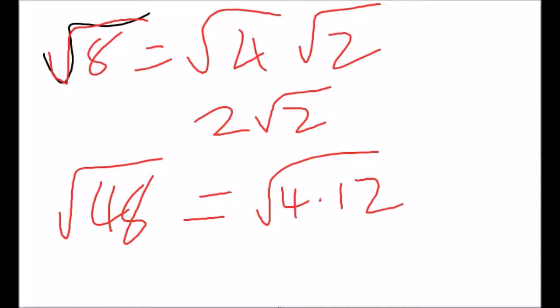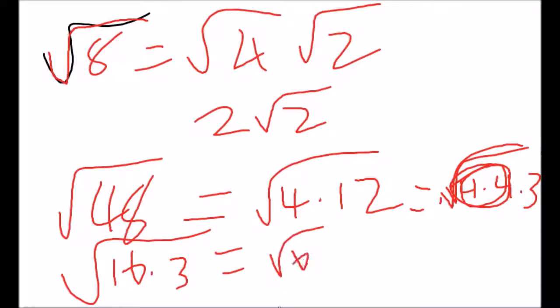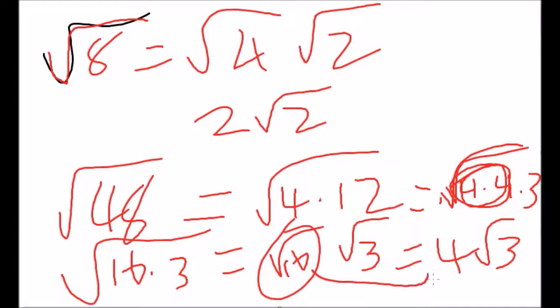So that's equal to the square root of 4 times 12, and 12 is just 4 times 3. Now we have these two 4's under the square root, so let's rewrite it again: the square root of 16 times 3. Then we can just break this up: the square root of 16 times root 3, and that's just 4 root 3, because the square root of 16 is 4.